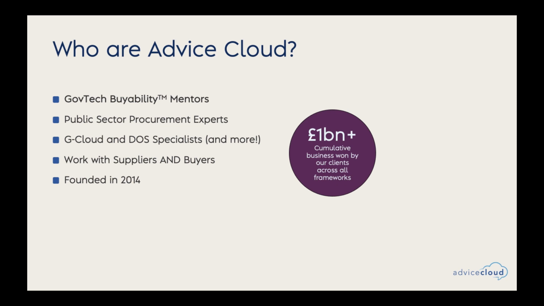We were founded in 2014, and we've worked with over 500 organisations, who have earned £1 billion as a direct result of our work, across just DOS and G-Cloud, I think. We're very proud. 71% of our clients are SMEs, and we do enjoy working with SMEs. We work with the large organisations, of course. Some of those were SMEs when we started working with them.